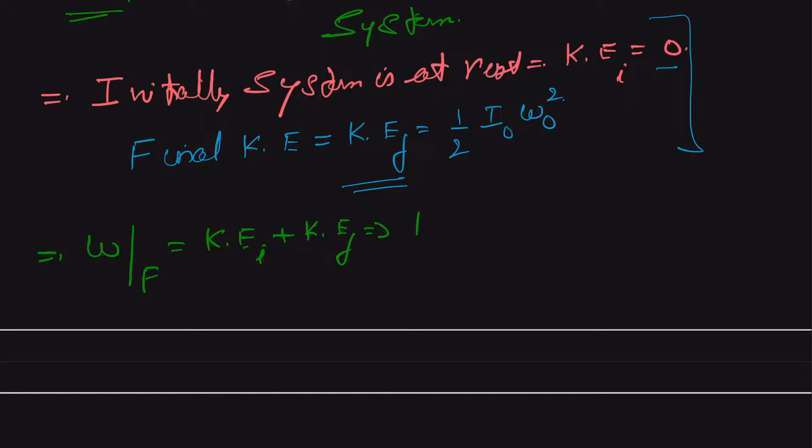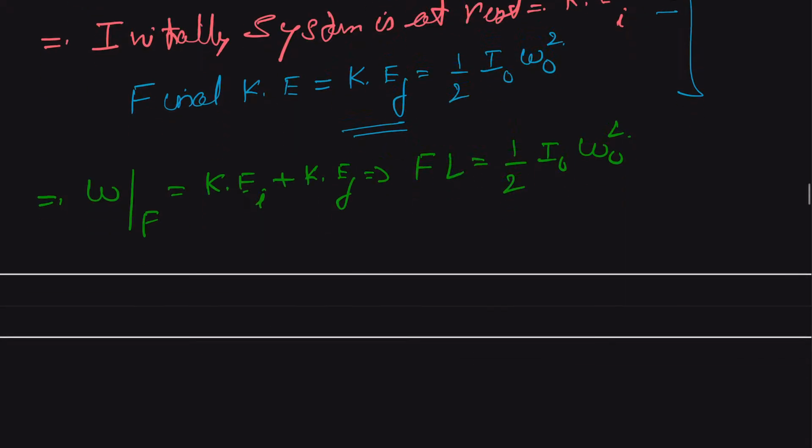And from here we can write FL is equal to half I naught omega naught square. And from here you can easily find I naught. So I naught will be equal to twice FL over omega naught square.